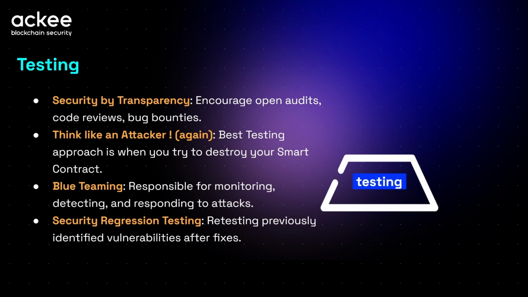The first thing that can happen is that the issue was fixed incorrectly. And the second thing that can happen is that the issue was partially or even completely fixed, but they bring a different issue while fixing the first one. So always make sure, when you resolve issues, that they are resolved correctly and that you did not bring a different issue into your smart contract while fixing the previous one.